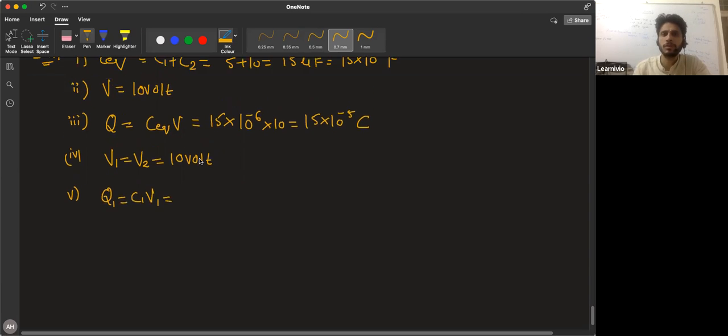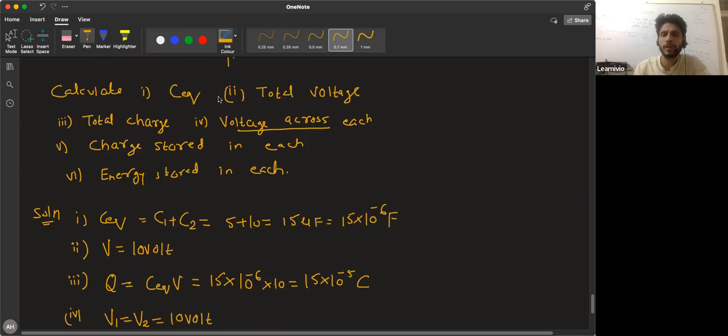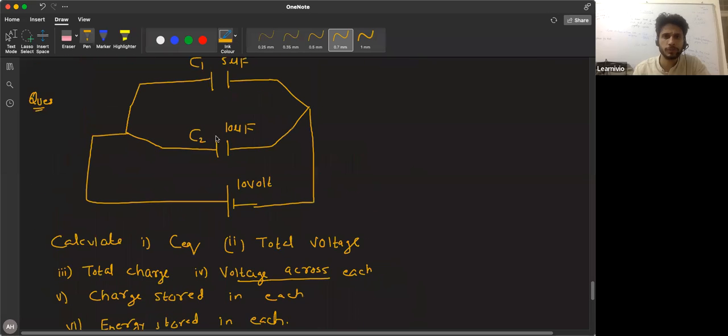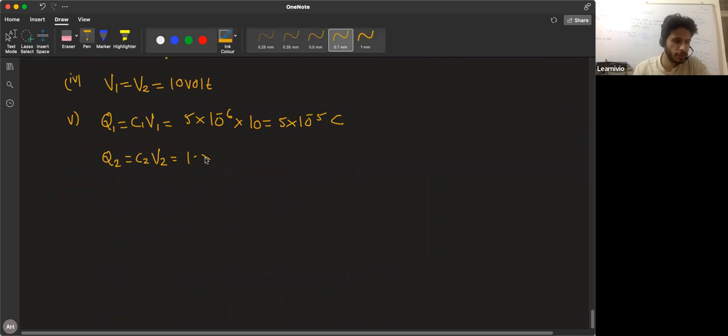C1 is 5 microfarad, so 5 into 10 raised to the power minus 6, multiplied by V1, which is 10. So it's 5 into 10 raised to the power minus 5 coulomb. Similarly, the charge stored in the second capacitor is C2 V2. C2 is 10 microfarad, so it's 10 into 10 raised to the power minus 6 into V2. V2 is 10, so it's 10 raised to the power minus 4 coulomb.